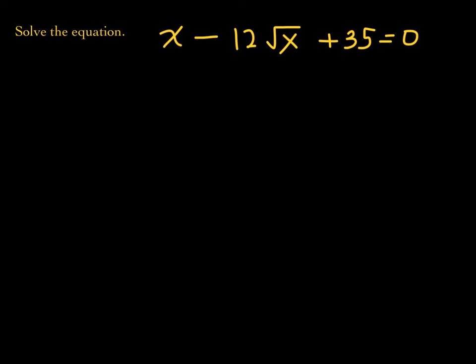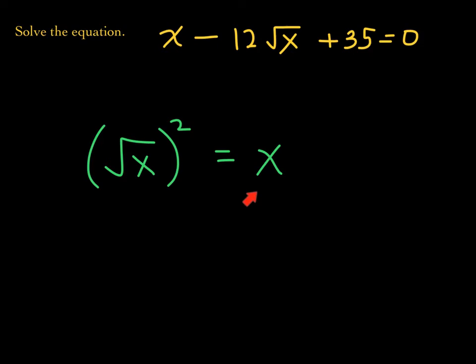But before we do, I just want you to notice that this equation is quadratic in form. Look at the variable part of the middle term. The variable part of the middle term is the square root of x. What would you get, everybody, if you squared it? Well, if you square the square root of x, you just get x.